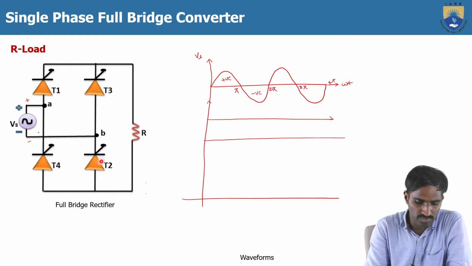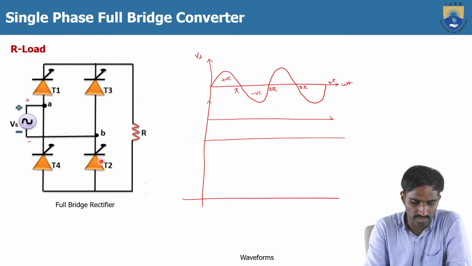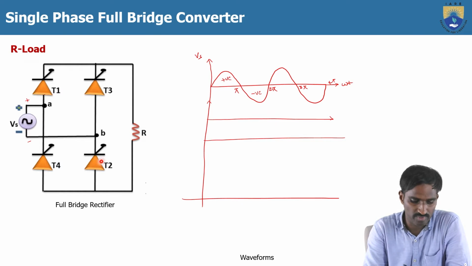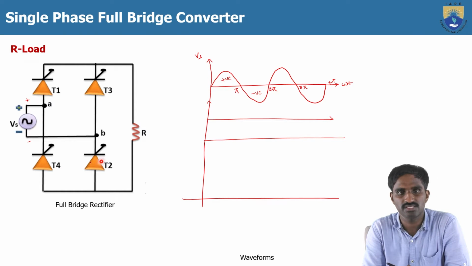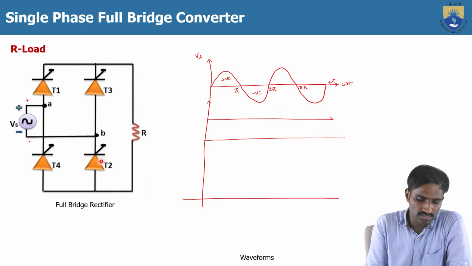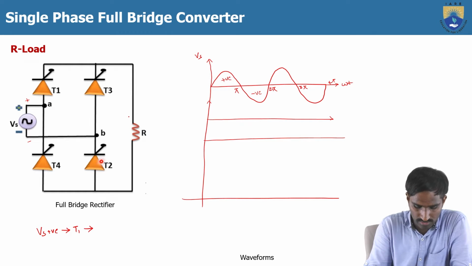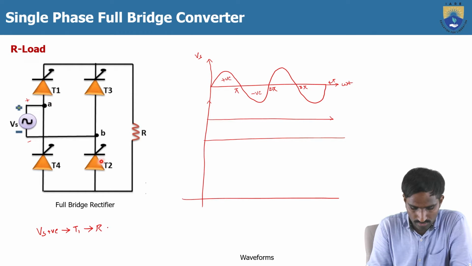During the positive cycle, the forward biased voltage is applied across thyristors T1 and T2. Then the load current will flow from Vs positive to thyristor T1, through the load, to thyristor T2, and to Vs negative.